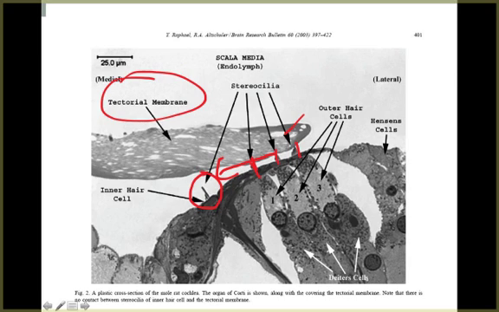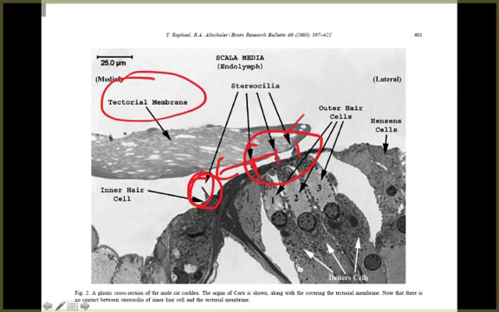Because the inner hair cells are not directly connected to the tectorial membrane, if there's a really loud sound, it doesn't directly move the stereocilia of the inner hair cells, but acts by indirect means of the fluid movement. That's the reason why in individuals with noise-induced hearing loss, exposed to loud sounds, the outer hair cells are affected first.